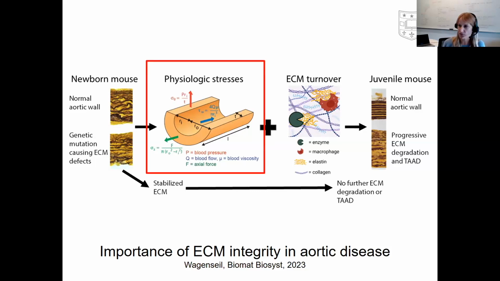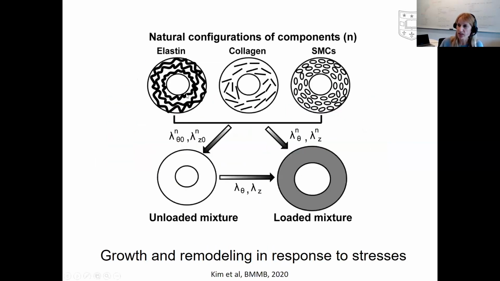So if we focus first on the physiologic stresses, the aortic wall, as an engineer, we think of it as a composite material. So if you go back to the things that are in the wall, we have those elastin layers, we have collagen fibers, and we have smooth muscle cells. And all of these things together can form a mixture in both the unloaded and the loaded state.